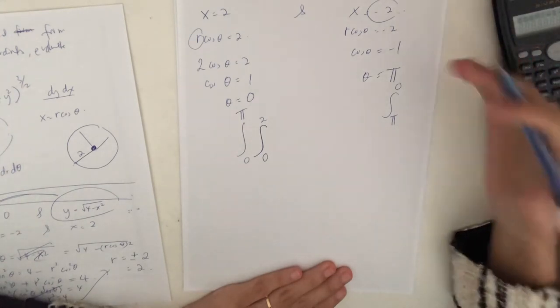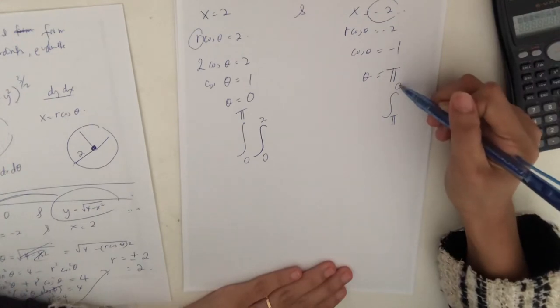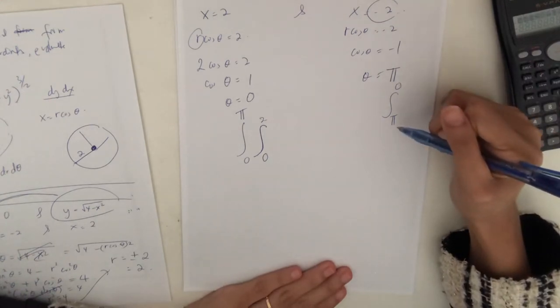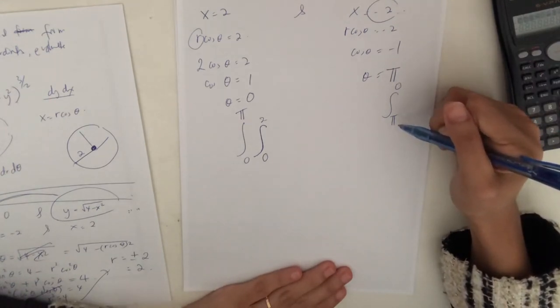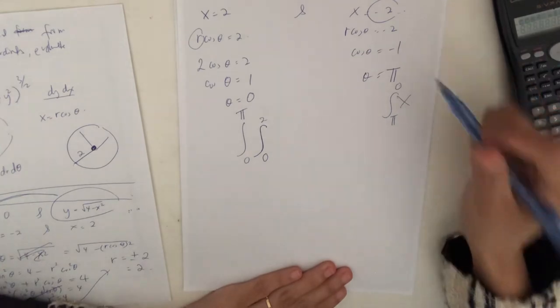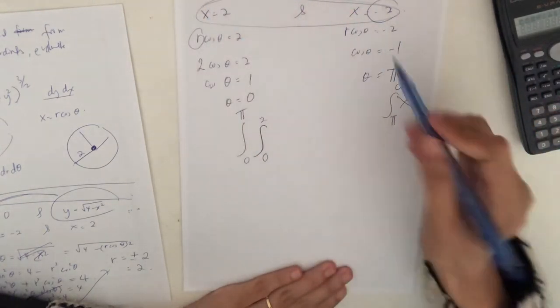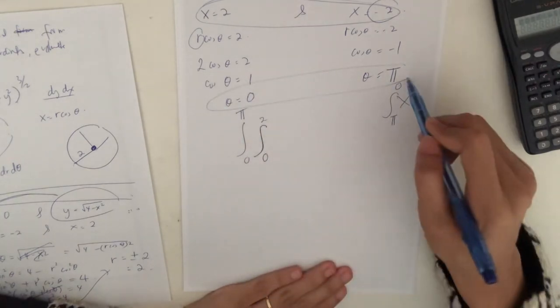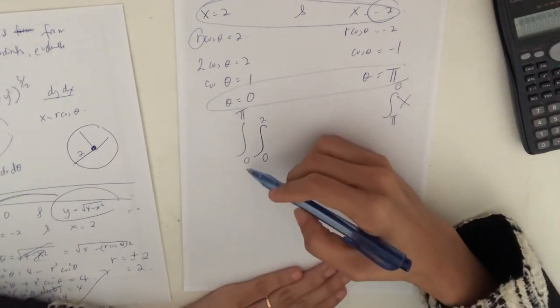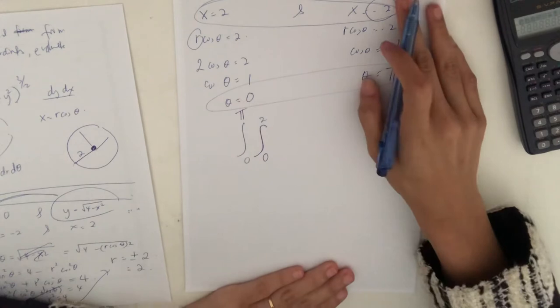Class, you can see that 0 is 0 and pi is 180. How come 180 can be the lower limit? Cannot, right? So this limit is wrong. You don't depend on this. You just depend on the new value that you get here. So the new limit here is from 0 until pi.